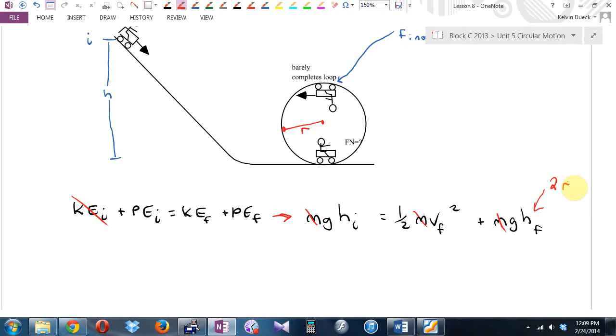V. Which V? Since you're moving in a circle, it must be the centripetal speed. Must be. So let's draw a free body diagram at the top of the loop.